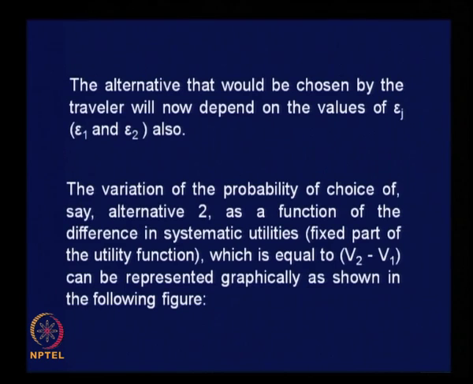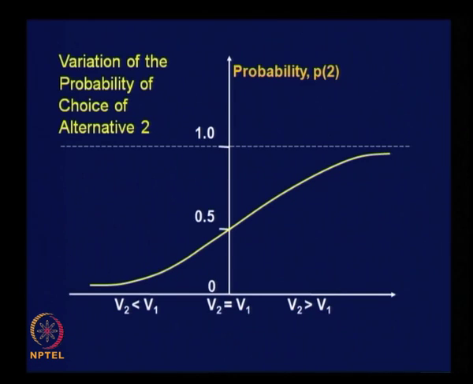Let us try to represent the probability of choice of V2 for the given situation. This is how we can represent the probability of choice of V2. Study this plot very carefully. Probability of choice is indicated along this vertical axis, and difference in utility of the two modes is shown along the x axis.